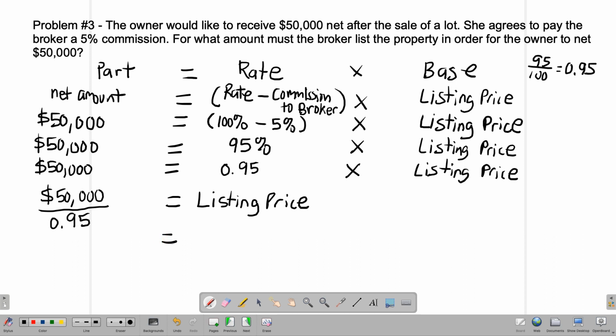So we have 50,000 divided by 0.95, the value of 52,631.58 equals the listing price.